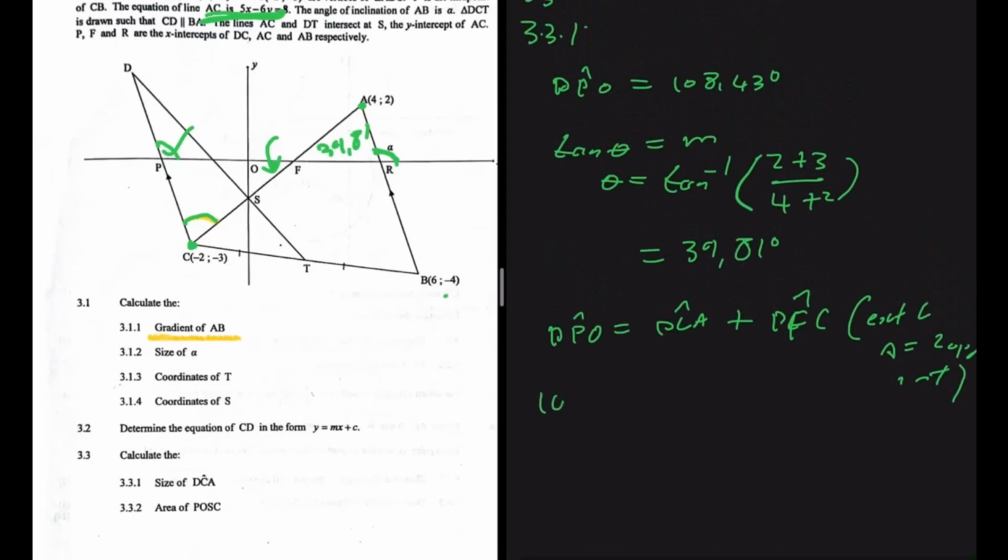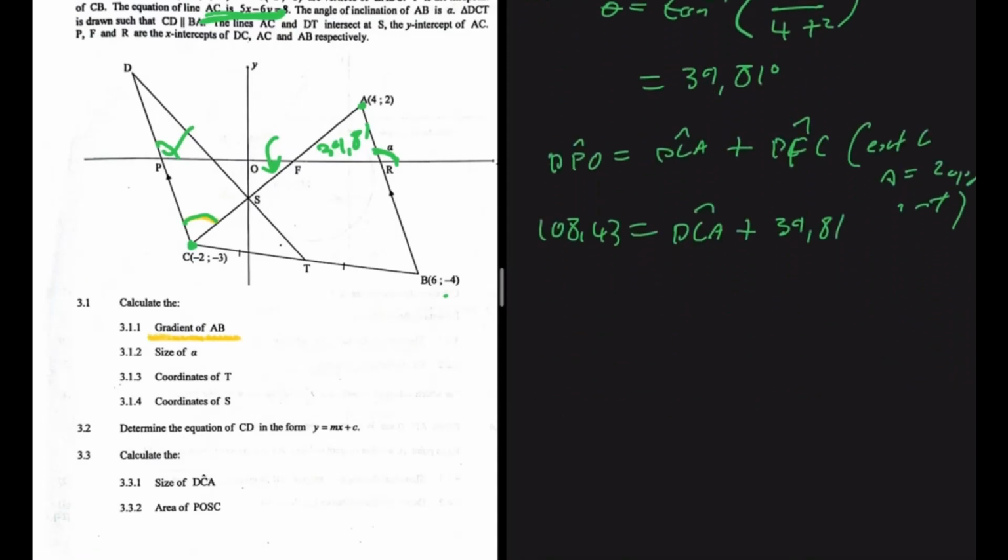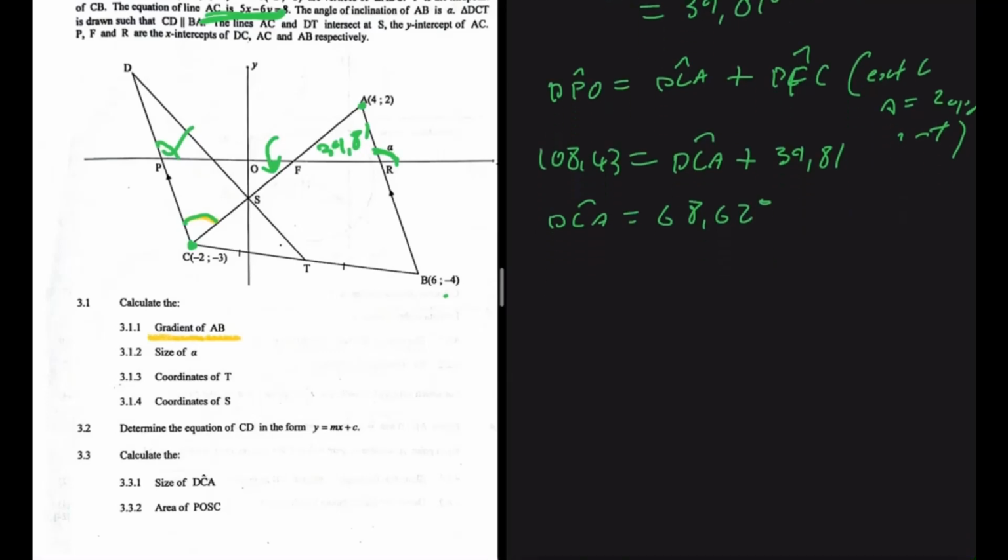We know that DPO is 108.43, and that should be equal to DCA, which we are looking for, plus PCF, which is 39.81. So DCA is equal to 108.43 minus 39.81. I'm getting 68.62 degrees. That doesn't look too bad. 68.62 degrees is believable. Let's do the last question.